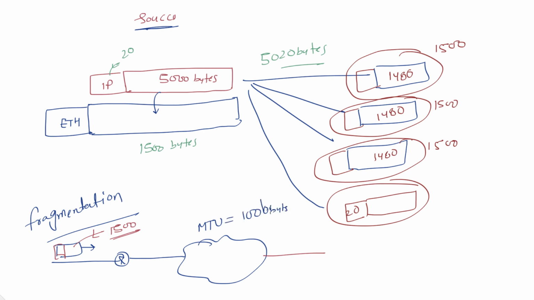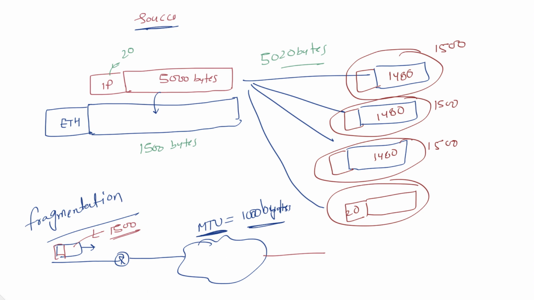Then we will again divide this data into a number of packets or fragments. So we will divide this into 2 fragments so that we can allow this packet to pass through this network, because this network doesn't allow more than 1000 bytes at the data link layer, which means the MTU is 1000 bytes only, right? So fragmentation can happen at the source side, or it can happen at the router side. This is the case for IPv4. In the case of IPv6, fragmentation only happens at the source side. So this is the scenario about fragmentation.